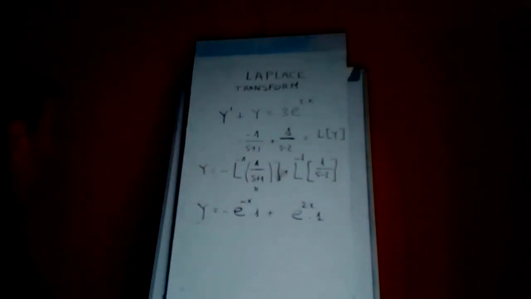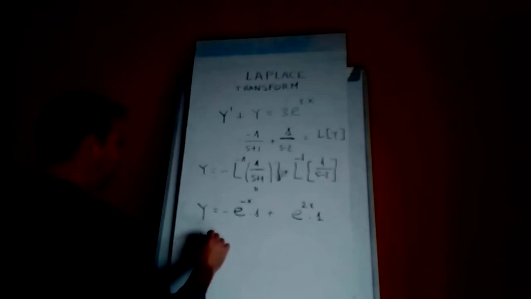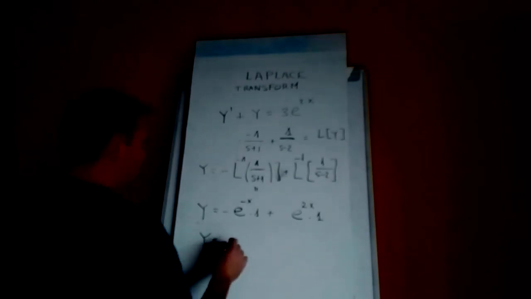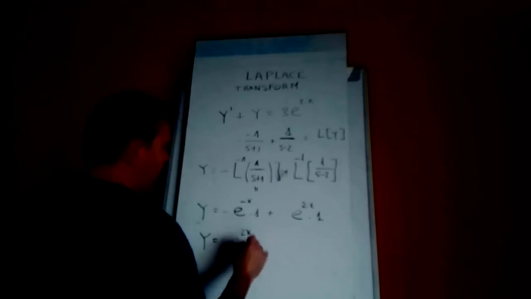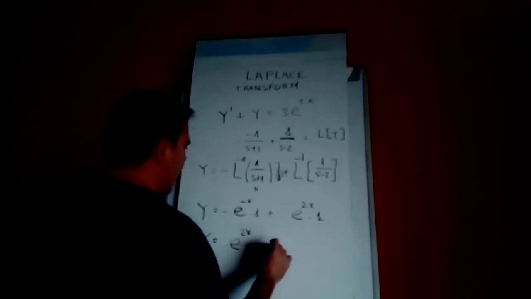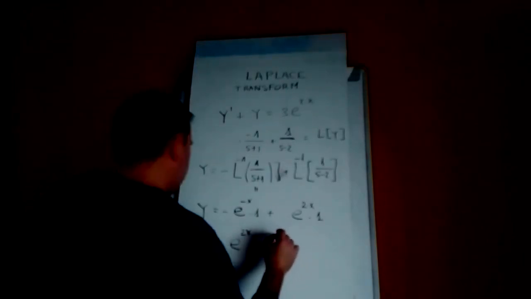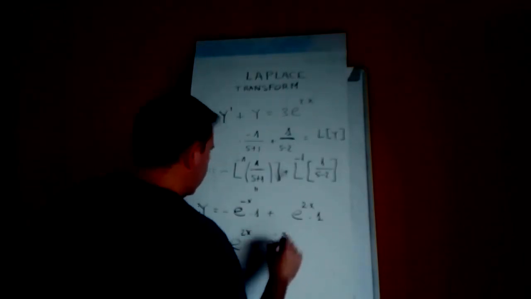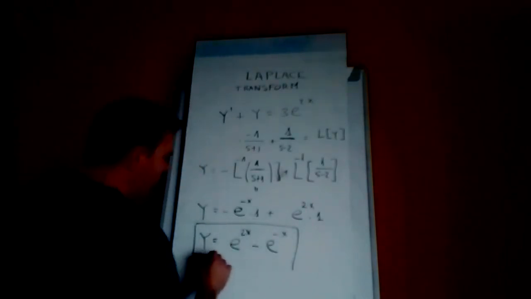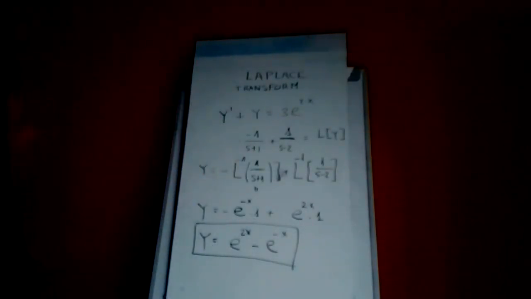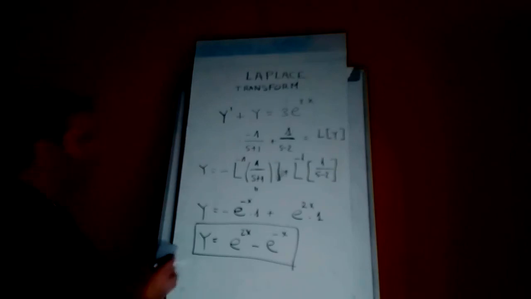So rearranging terms, y is e to the 2x minus e to the minus x. This should be the solution of this first order ODE.